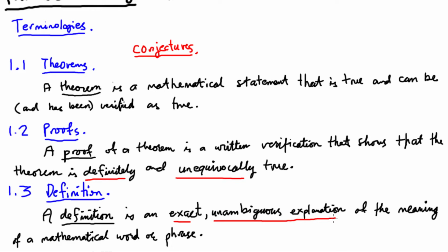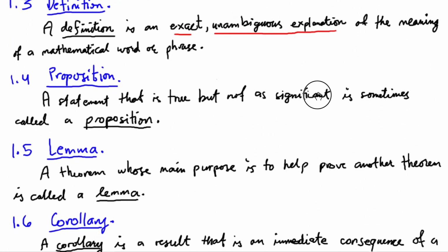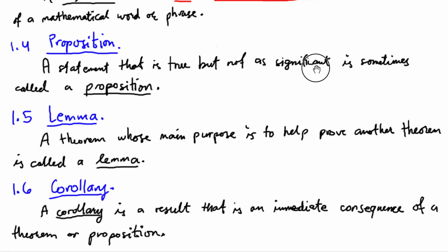But before that, we need to understand that there are also some other terms which are similar to a mathematical theorem, but quite different in weight. There are a number of words that may mean essentially the same thing as theorem, but are used in slightly different ways.